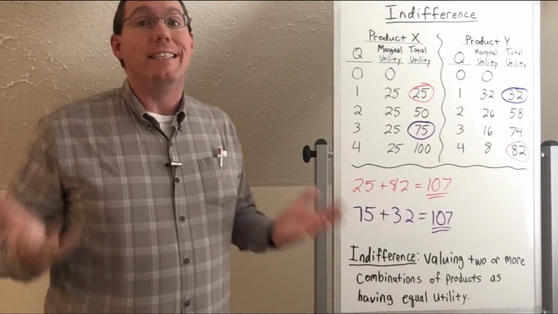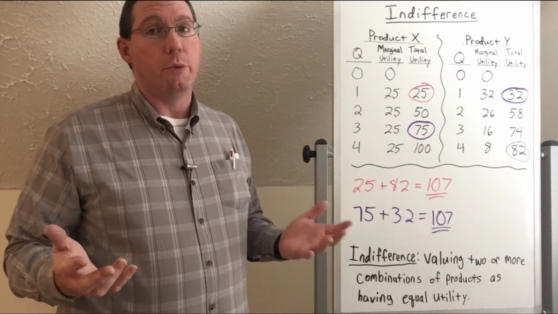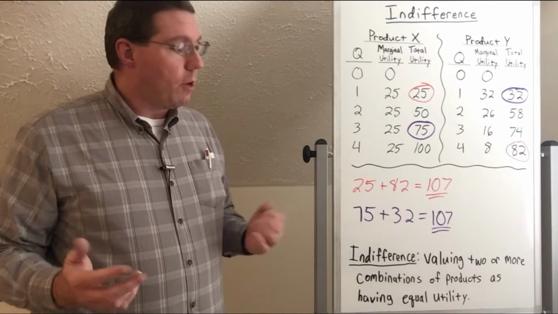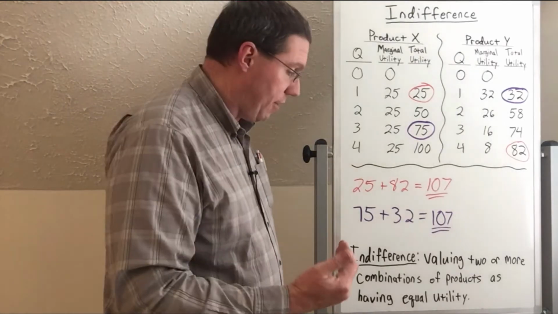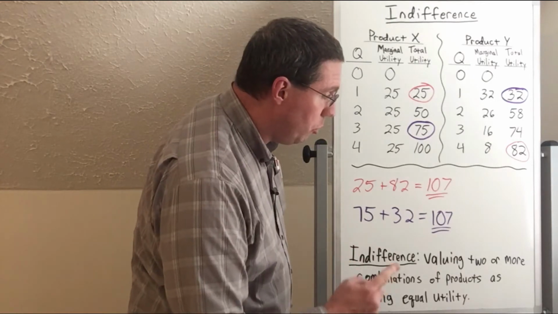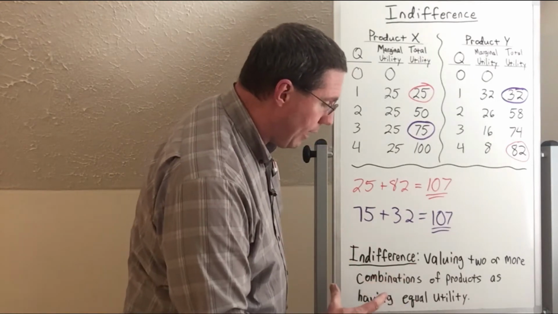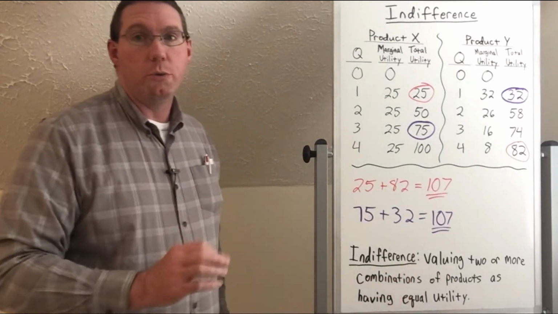We are indifferent between those two combinations. And so what I have here for you is a microeconomics definition of the word indifference: valuing two or more combinations of products as having equal utility.